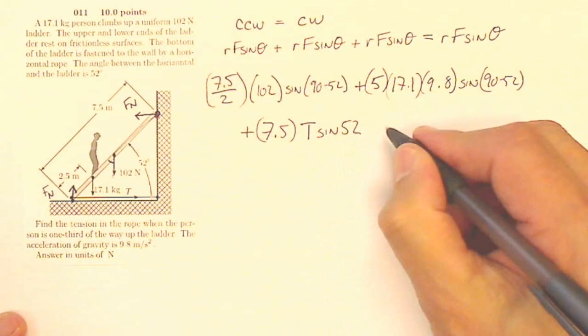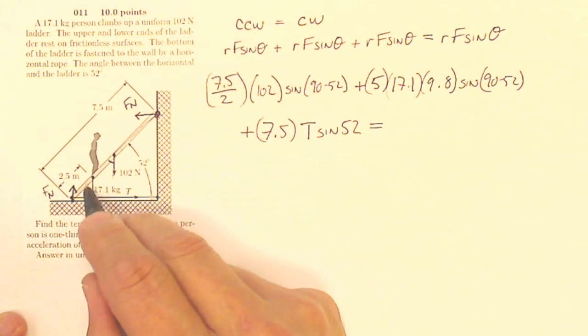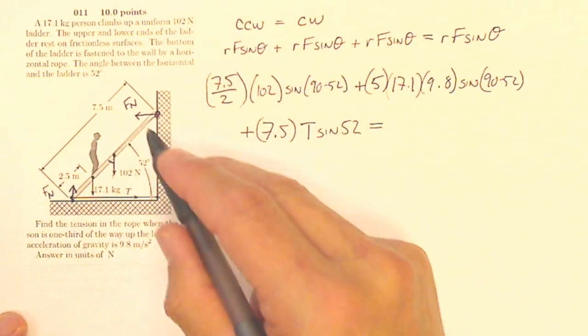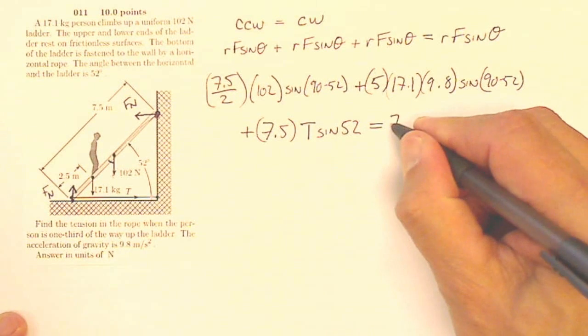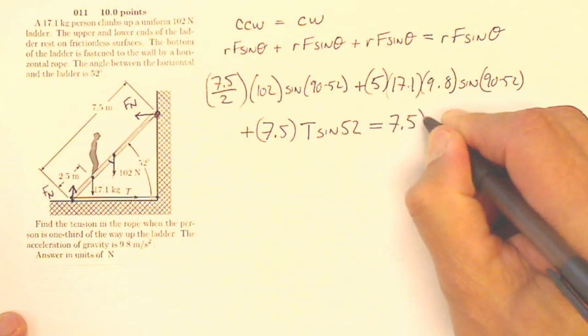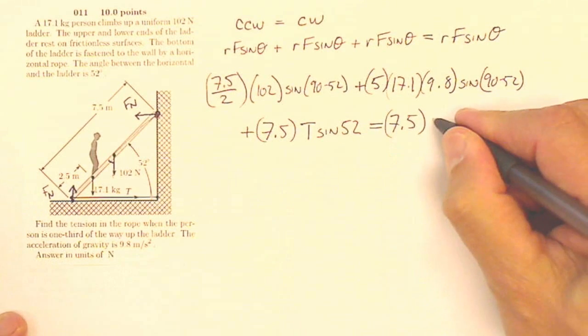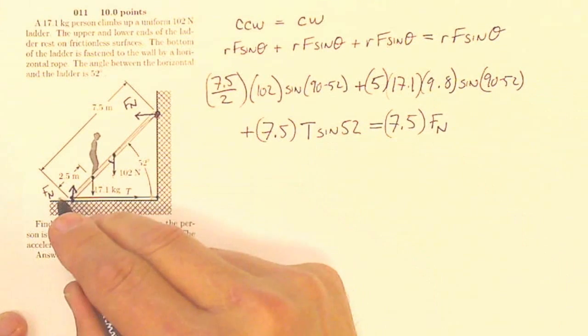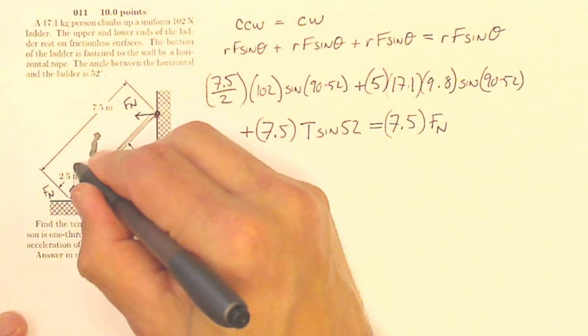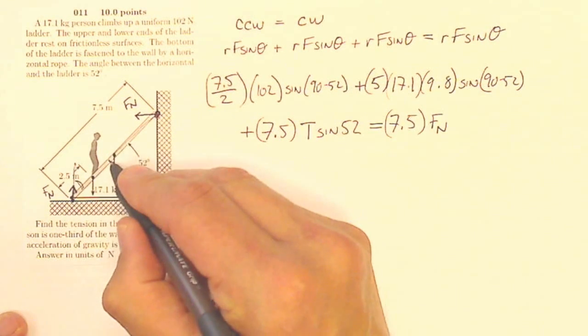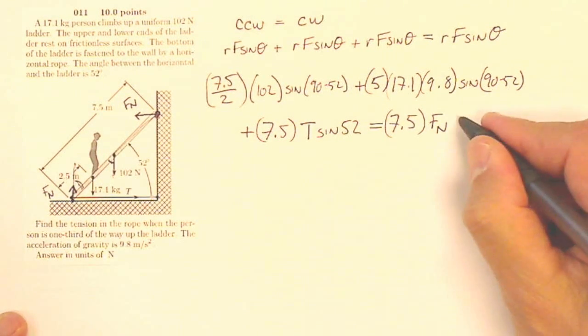Now, all of that is going to equal this normal force at the full length. So the r is going to again be 7.5. The force is going to be my normal force. And the theta for this one is going to be the same as this one, this 90 minus 52.